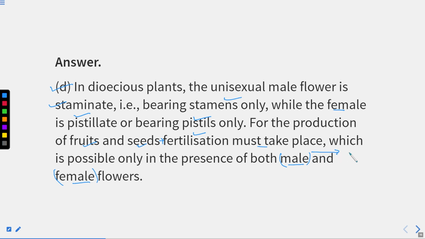It will produce the male gametes, or you can say pollen grains, which, if you talk about angiosperms or the flowering plants, carry two male gametes. And the female flowers, what will they produce? They will produce the egg. So the male gamete will fuse with the egg, and then it will form the zygote and embryo.